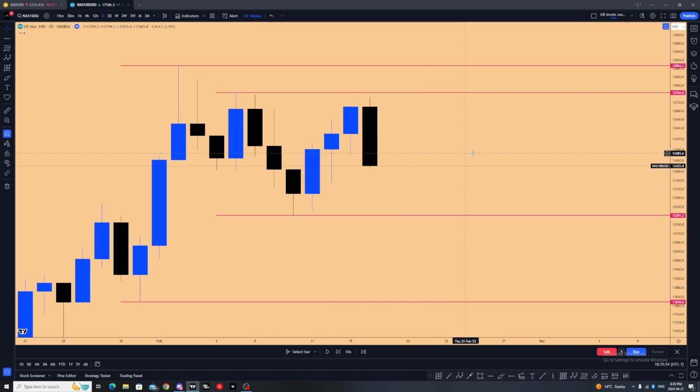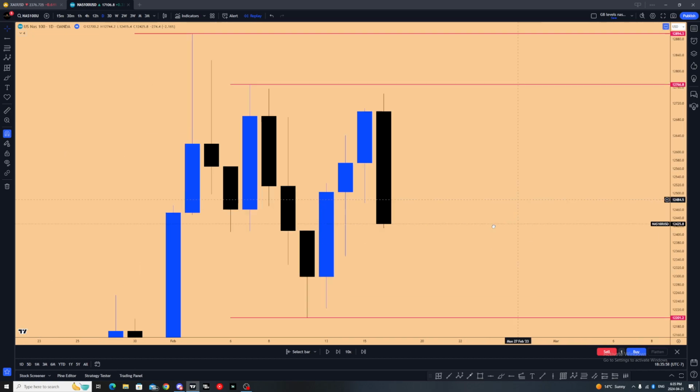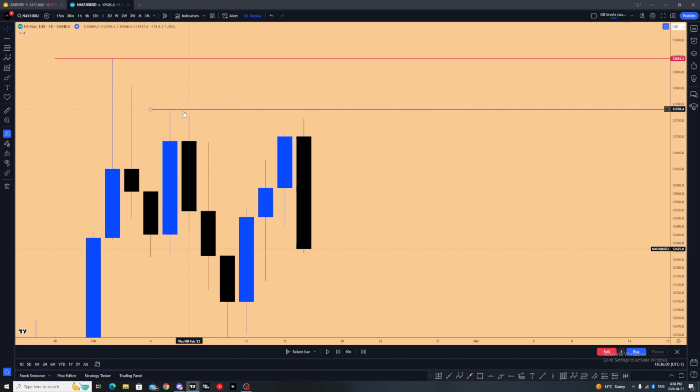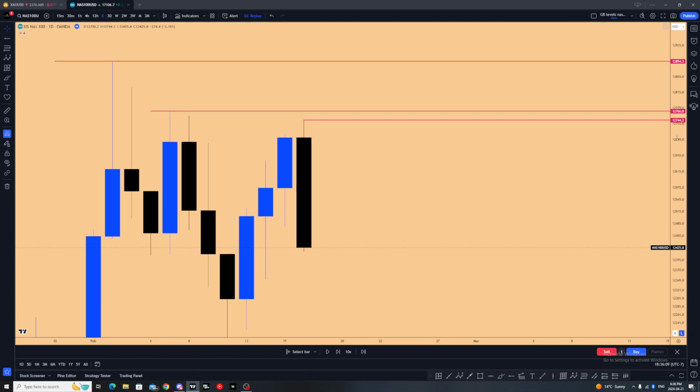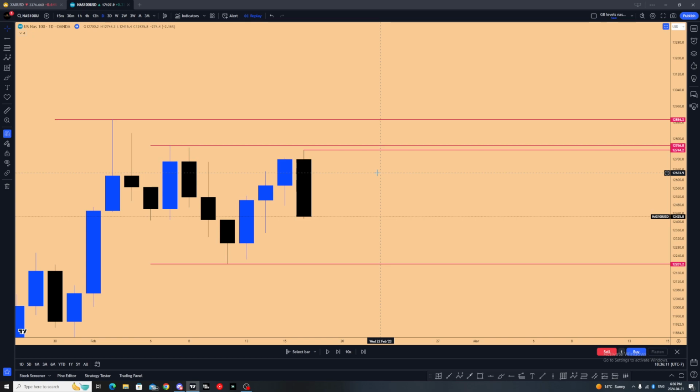You see how bastard the market is? The market makers know that people have orders sitting over here. So instead of trying to take out that high, they did not. They created a lower high in comparison to that one and created a massive bearish engulfing on top of it. So what they're doing is they're creating liquidity. This entire premise of doing this bounce and then taking it down, they're convincing you that you should be putting your stop losses over here.